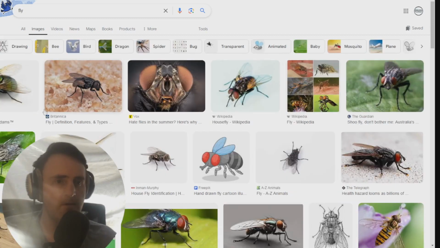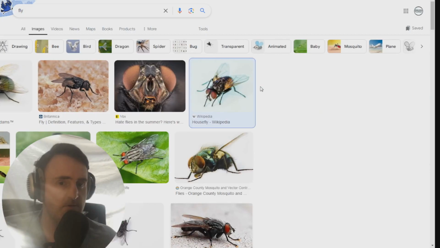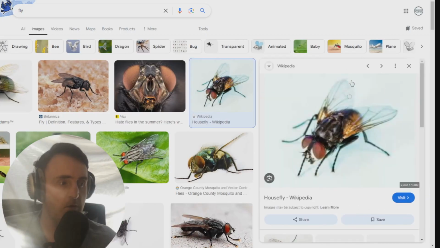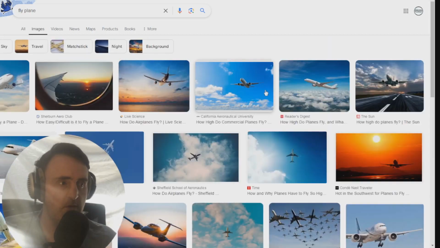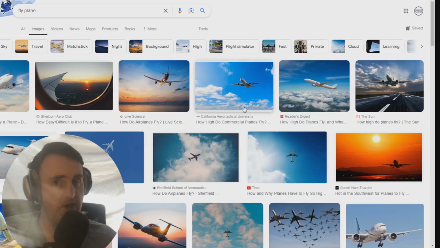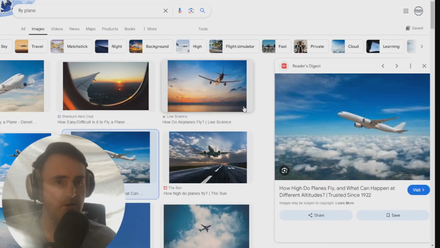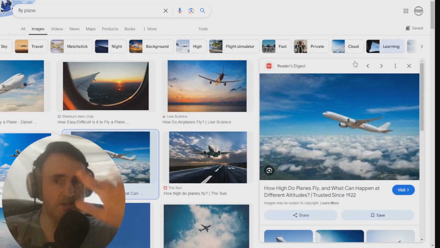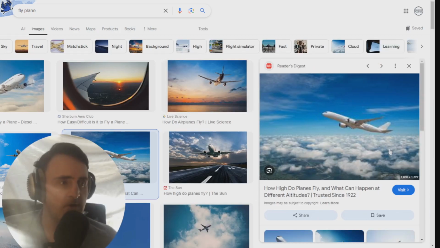Then we have fly. So that is a fly. But you probably also know this type of flying. You can fly in a plane, or you can be a housefly, buzzing around. Two types of fly. Obviously, when you're talking to someone, it will make sense what they're talking about, hopefully.